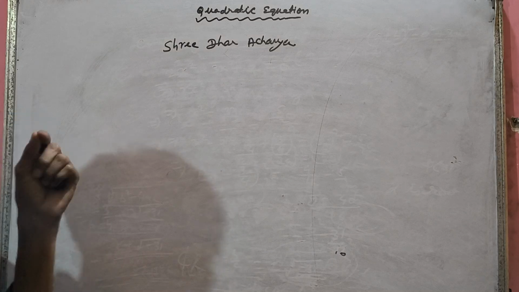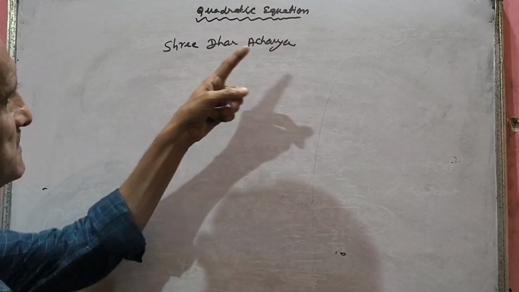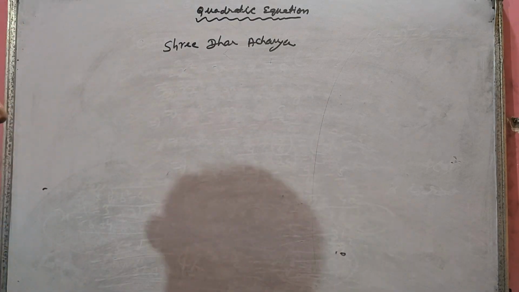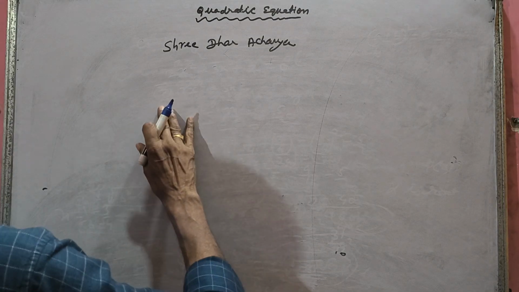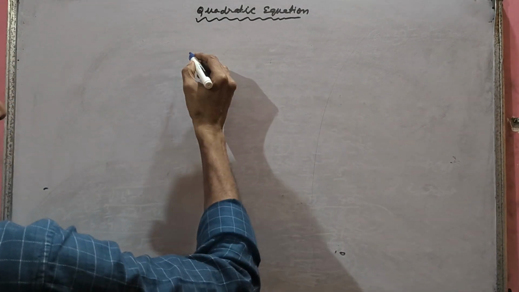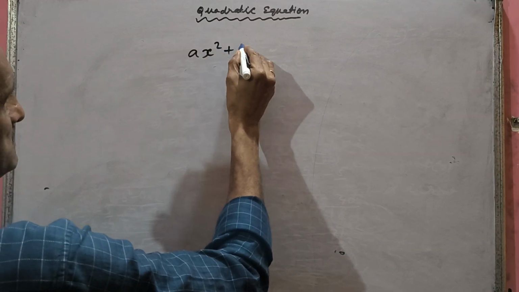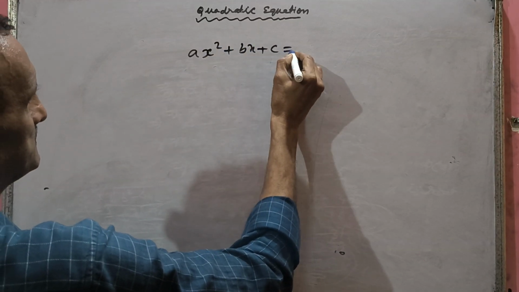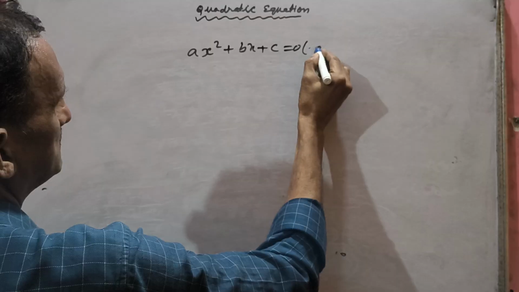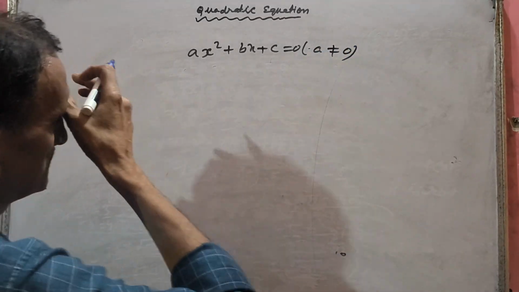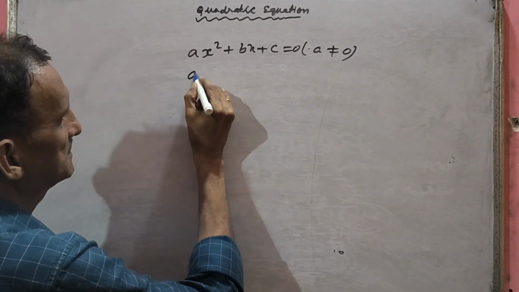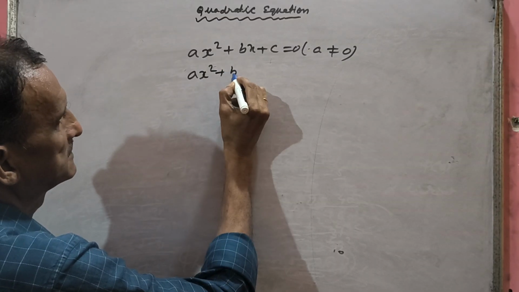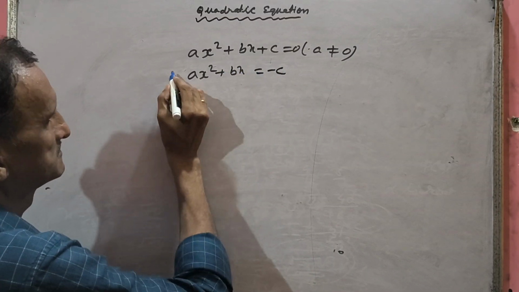This method is known after him, the Sridhar Acharya method. This is a completing square method only, and this will be easy to understand. See the general form again, a not equal to 0. Now the first step is the same only, ax square plus bx equal to minus c.